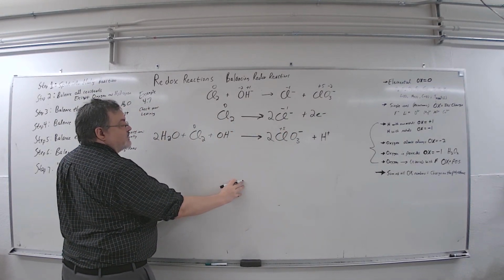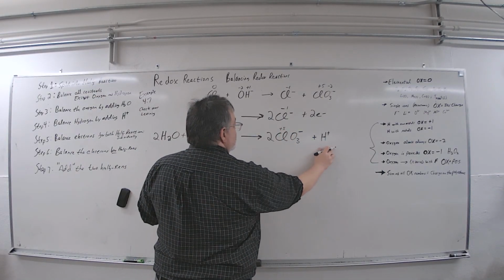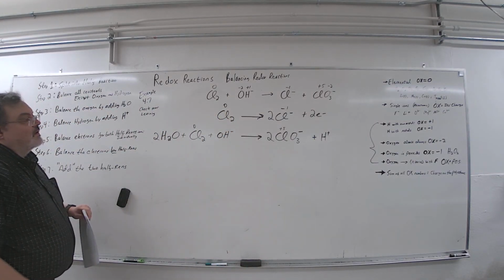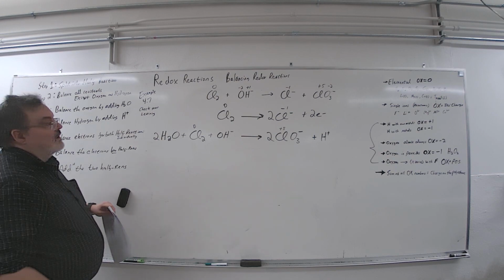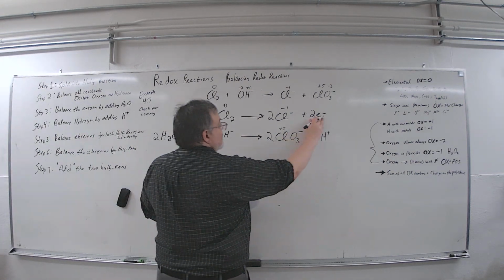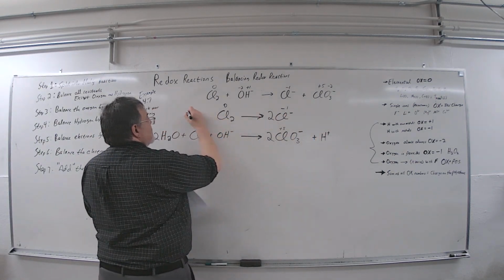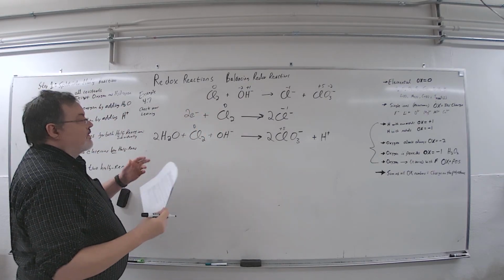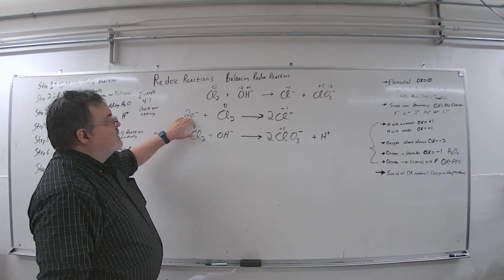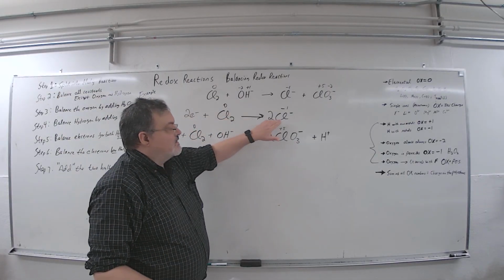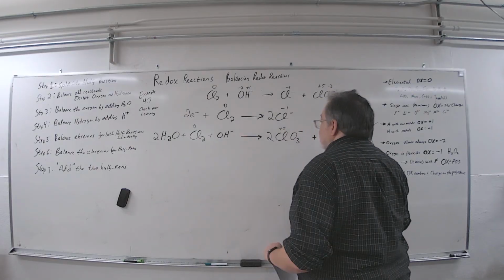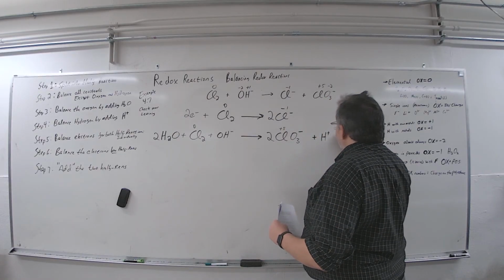So this needs to lose electrons, so the electrons are on this side. Add electrons to the 0, and it brings these down to minus 1. Now, add electrons to this side.